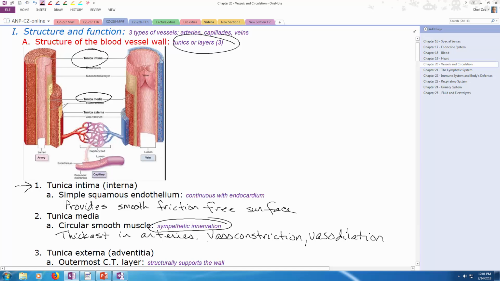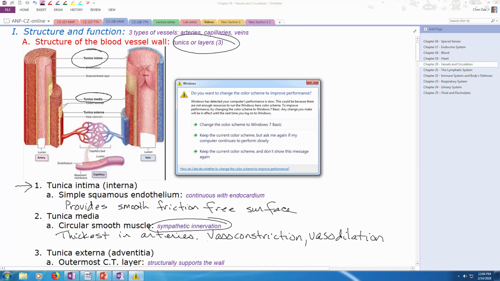And so if you want your blood vessels to vasodilate, what will happen to the sympathetic output to that vascular area? Will it increase or decrease? It decreases, because when we are under duress, our sympathetic output increases, correct?